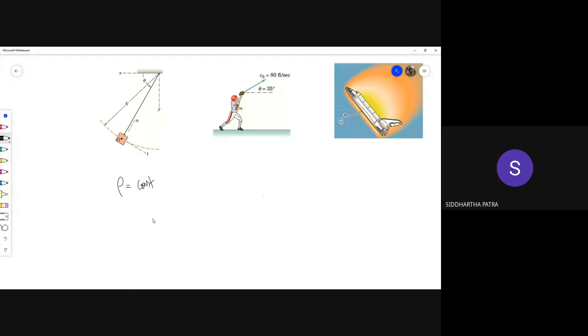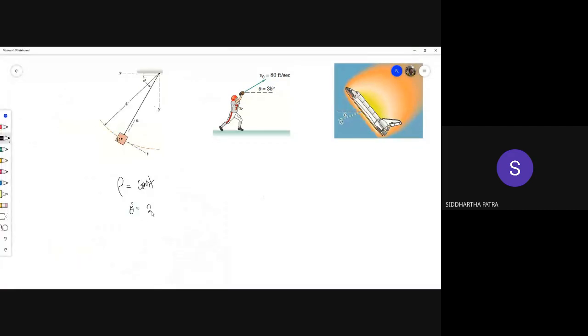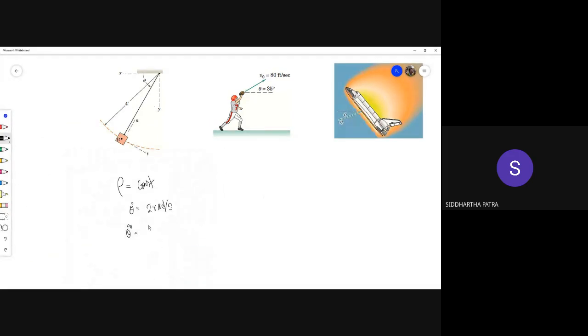Given theta dot is 2 radian per second, and theta double dot is 4.025 radian per second squared.